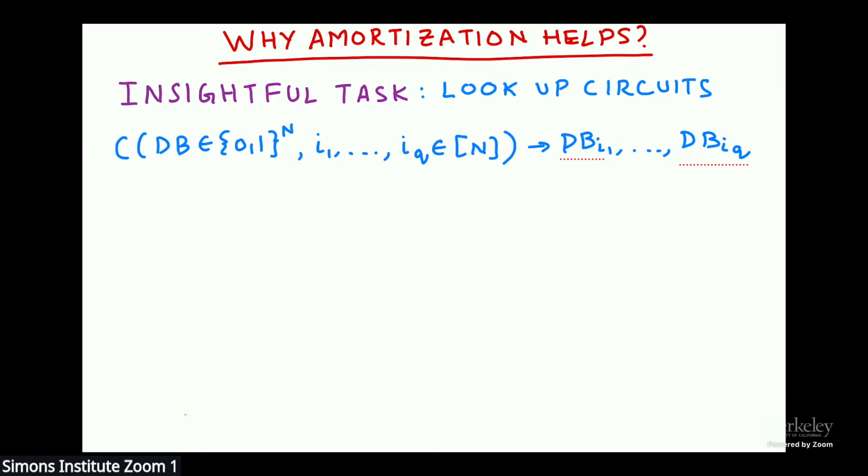When you implement it as a Boolean circuit in the usual sense, what do you expect should be the size? What's the size that you could think of in this setting? Anyone who hasn't read the paper can take a guess.